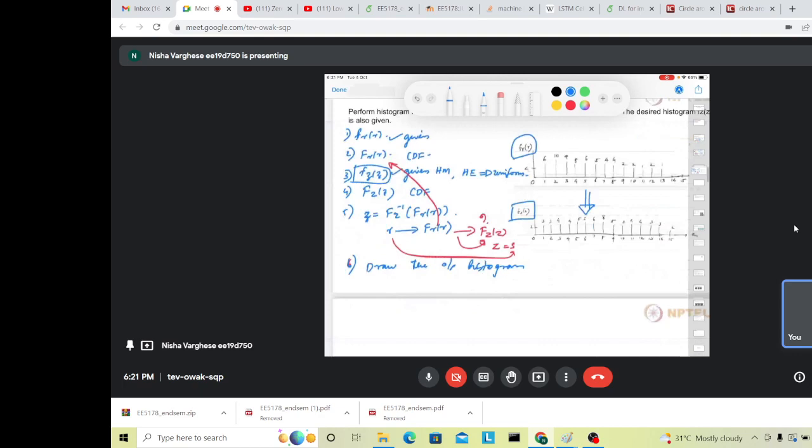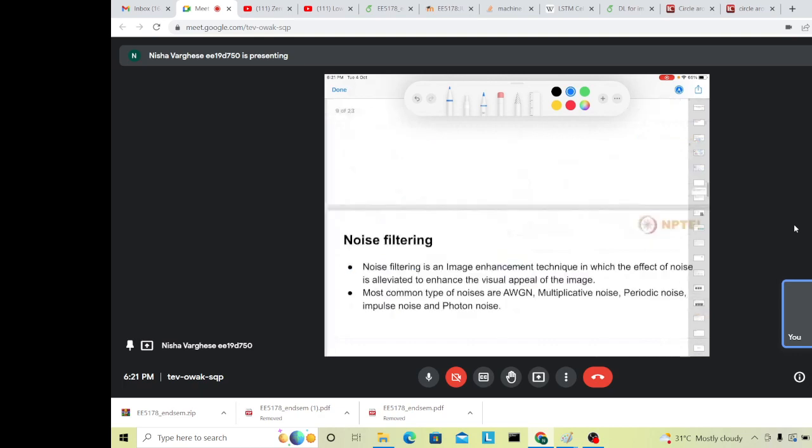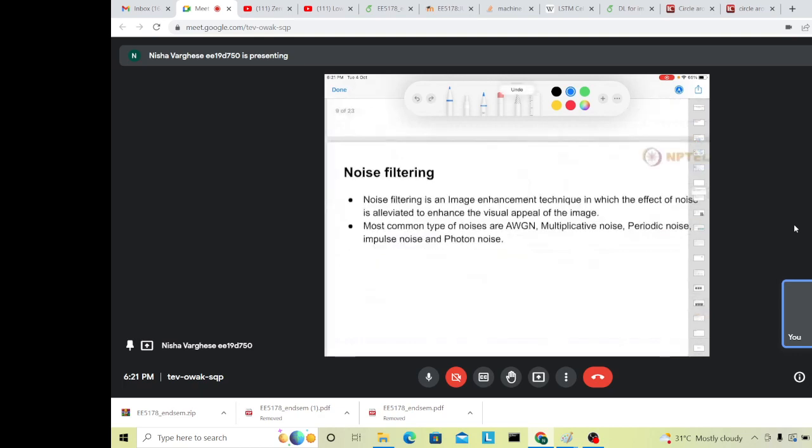Then comes the noise filtering part. Noise filtering is also an image enhancement technique in which the effect of noise should be removed. That will enhance the visual appeal of the image. The most common types of noise are AWGN, multiplicative noise, periodic noise, impulse noise and photon noise. These noises are already explained in the videos.